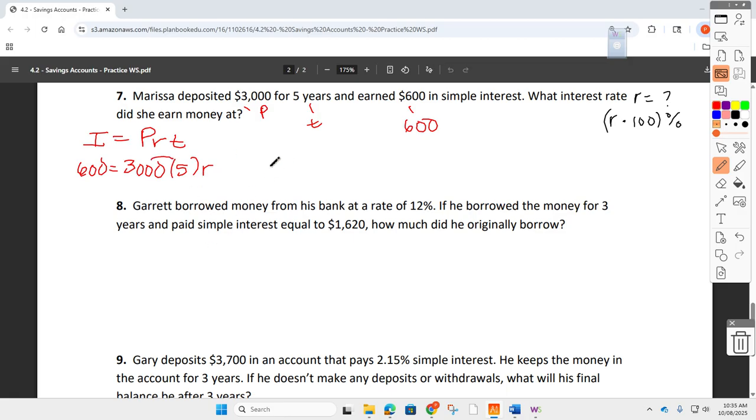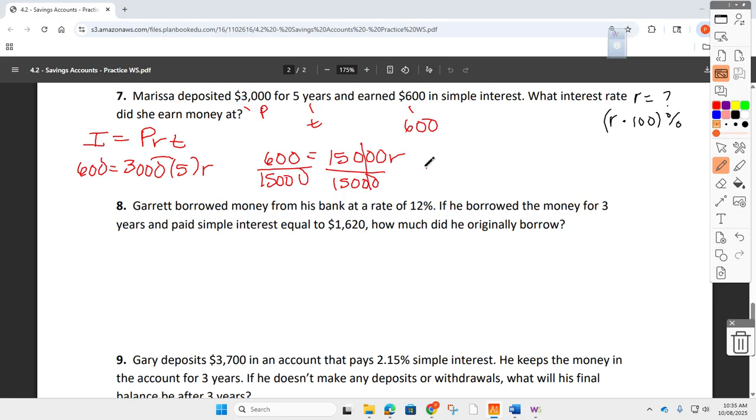So now we have 600 equals 15,000 times R. So what do we do to solve this equation, Chantal? Yes, what do we divide by? So 600 is not it. Right, 15,000. So whatever's with the variable, Chantal, that's what we divide by, okay? So divide both sides by 15,000.